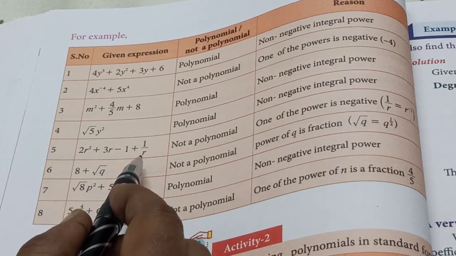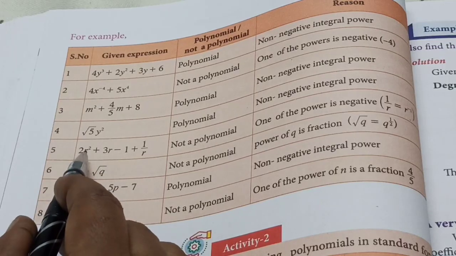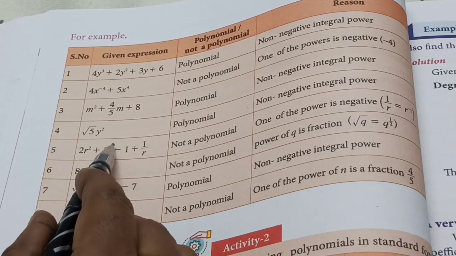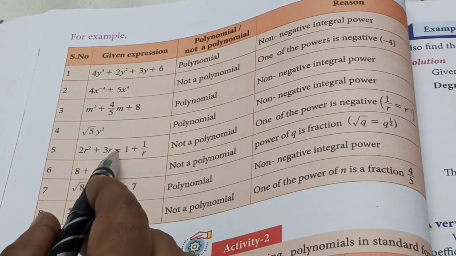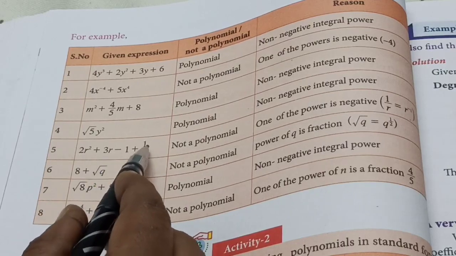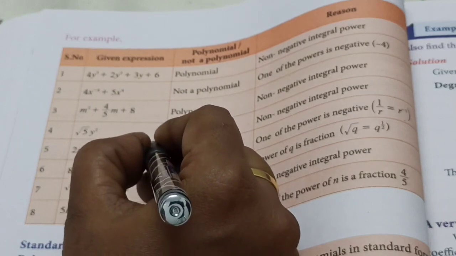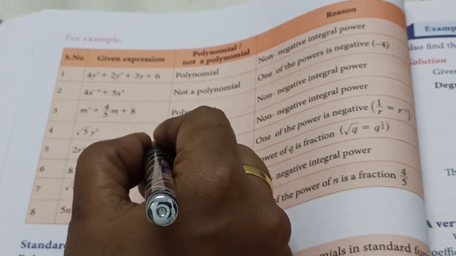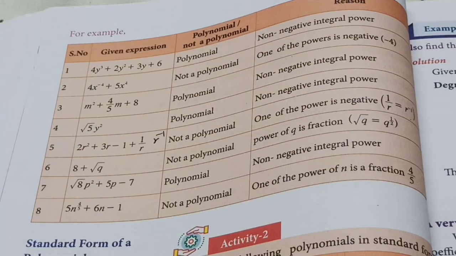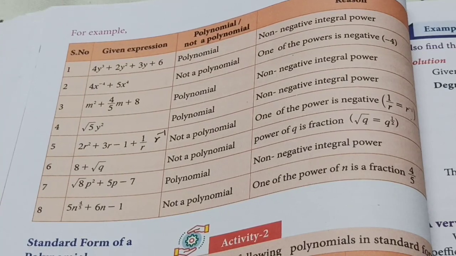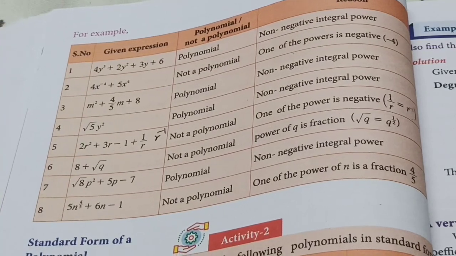Here 1 by r is given. Here r square, no problem. This is positive power. This one also positive power. Then minus 1. Here 1 by r, we can write what? R power minus 1. Have you understood? R power minus 1.